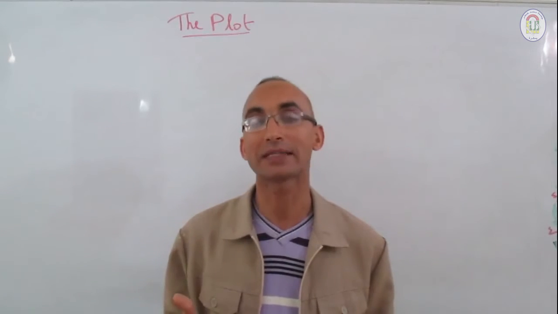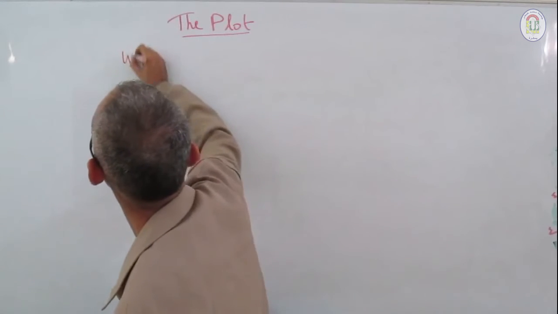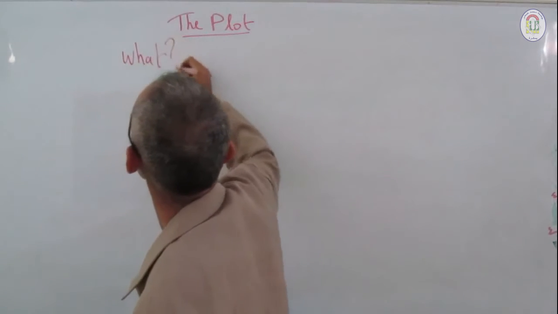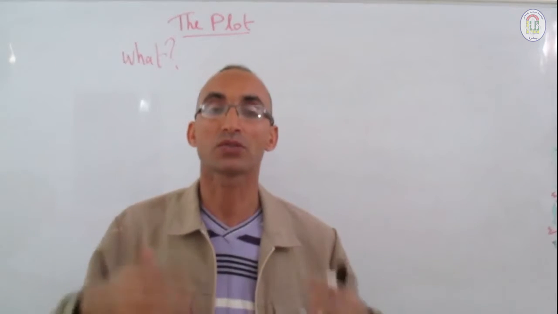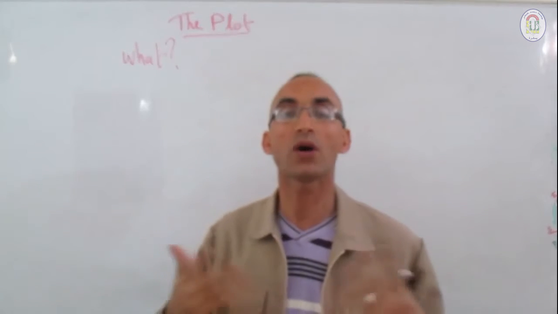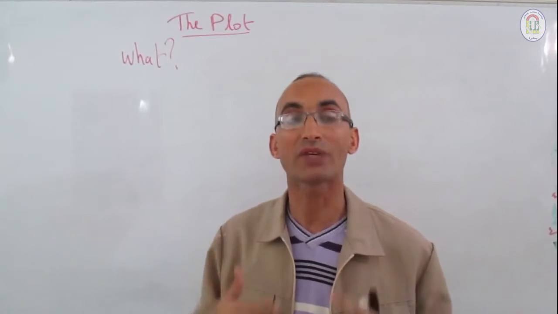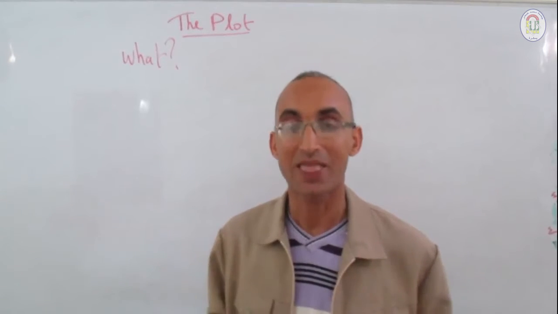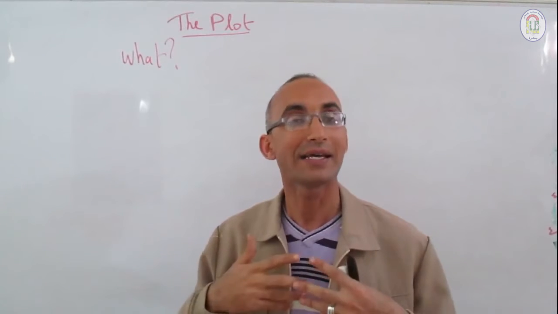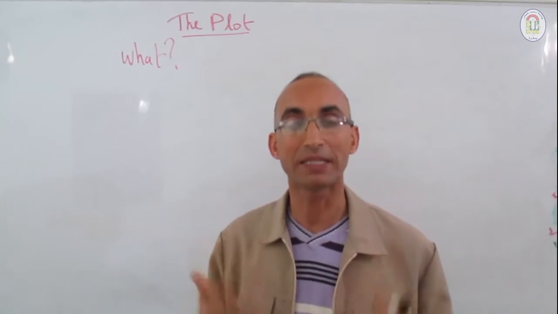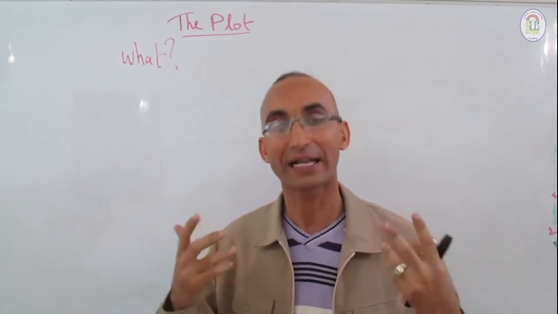We can say that the plot is the answer of what? What happens in the story, or what is going on in the story. So the plot represents the series of events and actions that take place in any story. And you know that any story is based mainly on those events and actions.